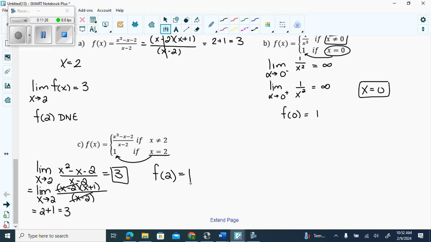Are they the same? No. So it's not continuous at x equals 2. And if they asked why, I would say because the limit as x approaches 2 of f of x does not equal f of 2. That would be my explanation.